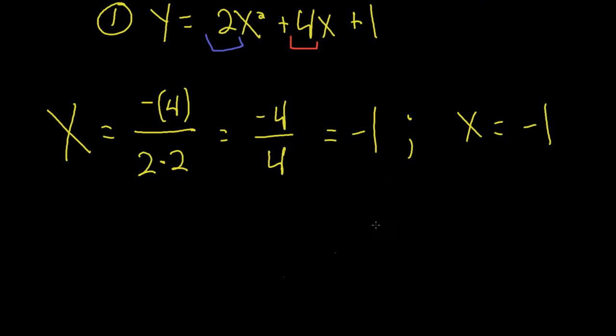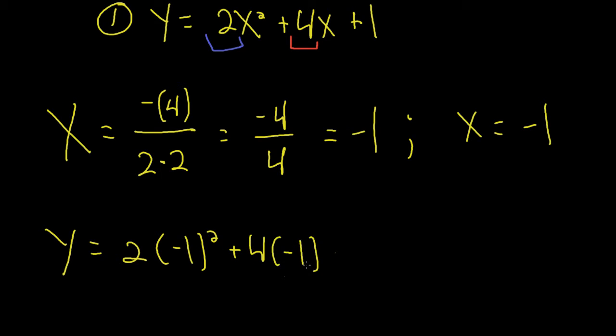Now, to find my vertex, I need to plug negative 1 into my original equation. So I get y equals 2 times negative 1 squared plus 4 times negative 1 plus 1.